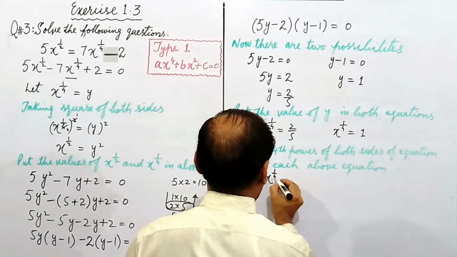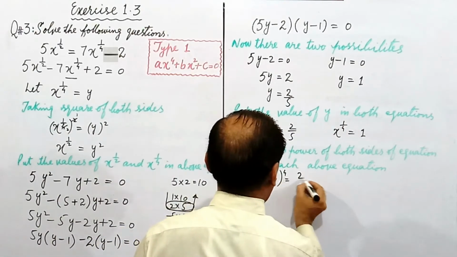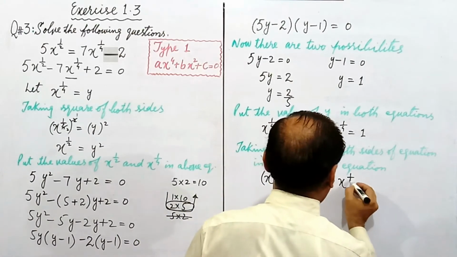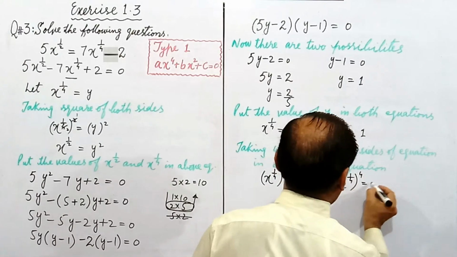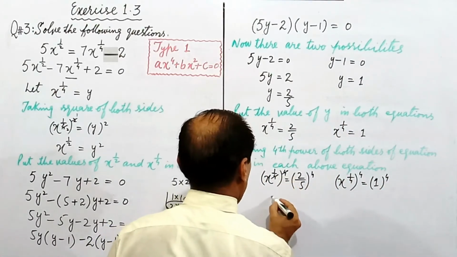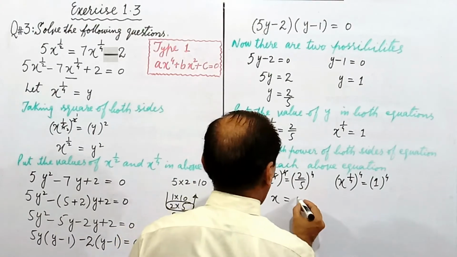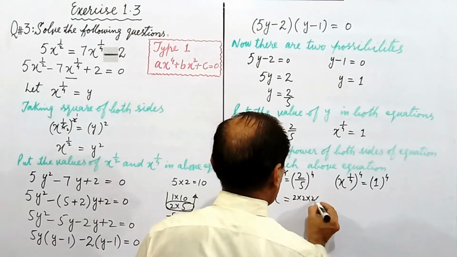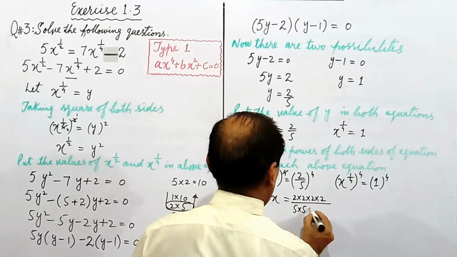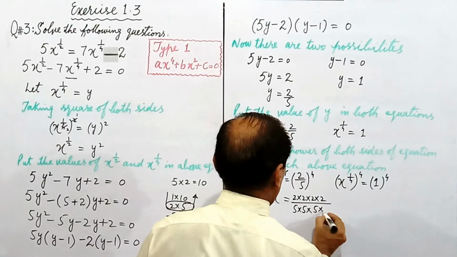X raised to the power 1 over 4 whole power 4 is equal to 2 over 5 whole power 4. X raised to the power 1 over 4 whole power 4 is equal to 1 whole power 4. 4 is cancelled by 4, we have x. 2 raised to the power 4 means 2 2s are 4, 2 4s are 8, 2 8s are 16. And 5 raised to the power 4 means 5 5s are 25, 5 25s are 125, 5 125s are 625.